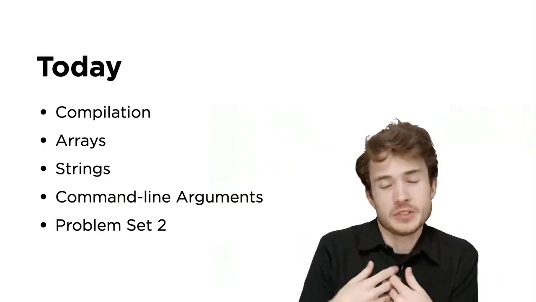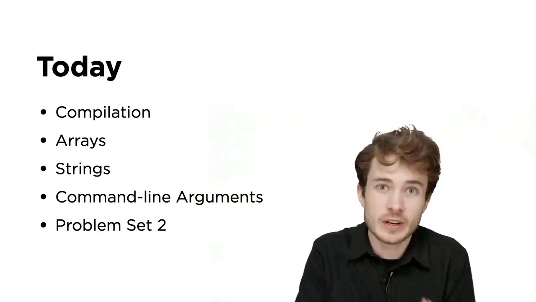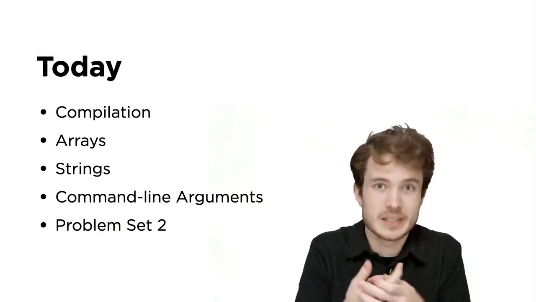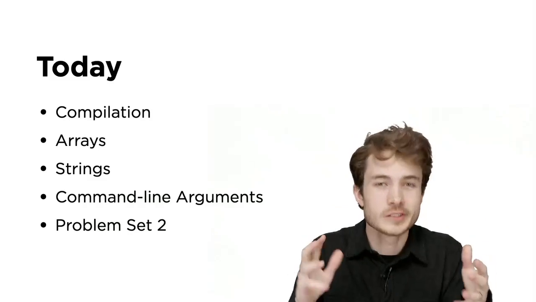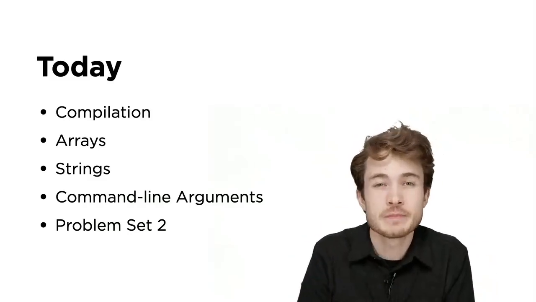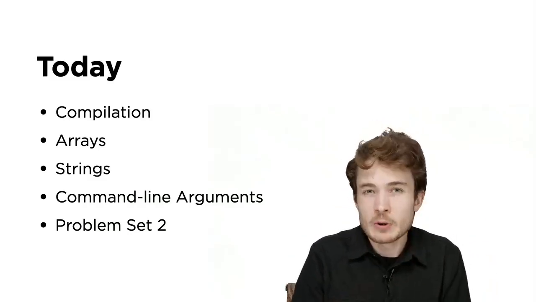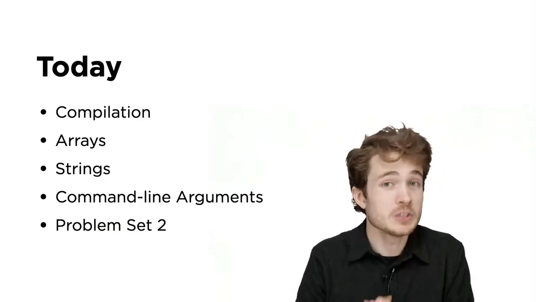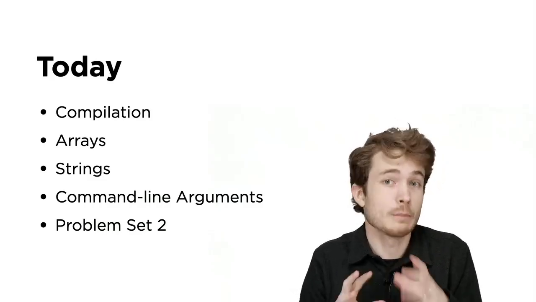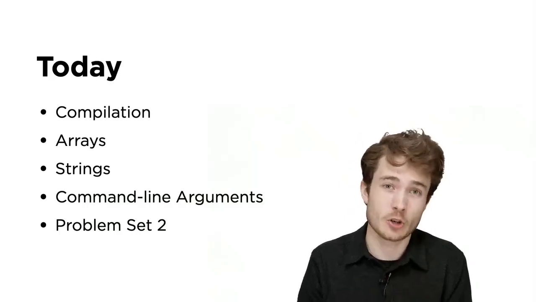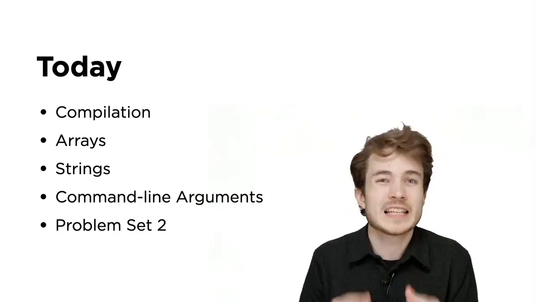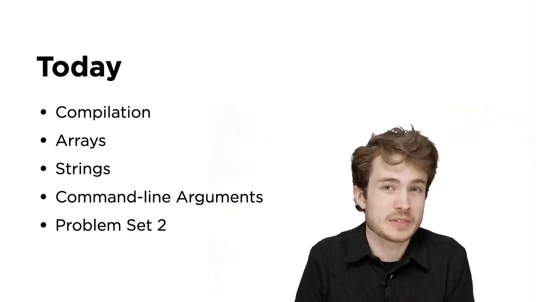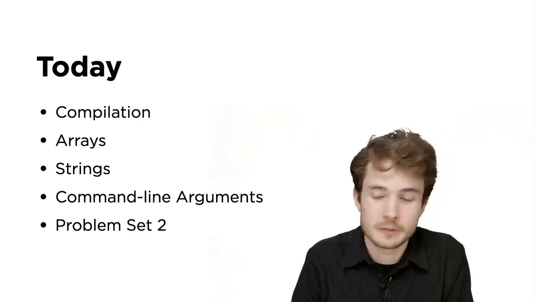Then we'll focus in particular on strings, like how do we store characters that themselves form entire words or sentences inside of our computers. And finally, towards the end, we'll focus on command line arguments. You've already been using programs that use command line arguments in CS50, but now you get to see exactly what they are and how you could write programs that actually use them yourself.